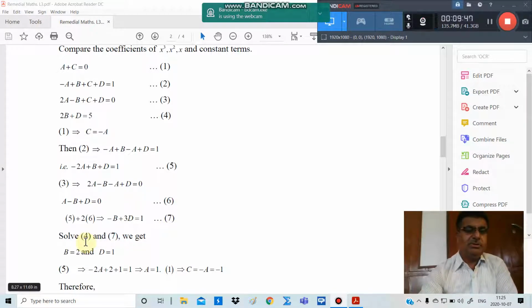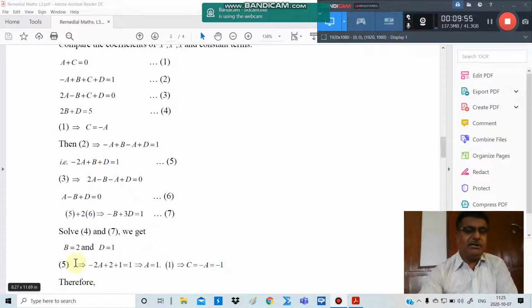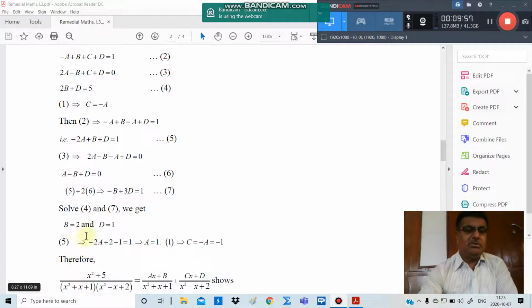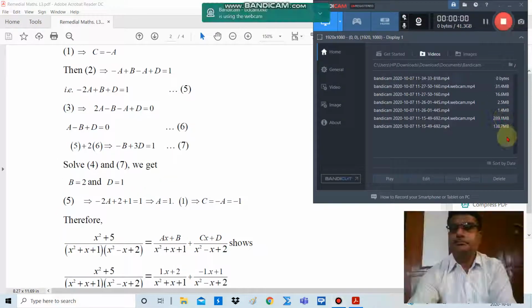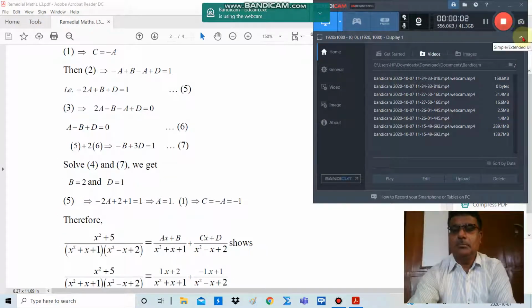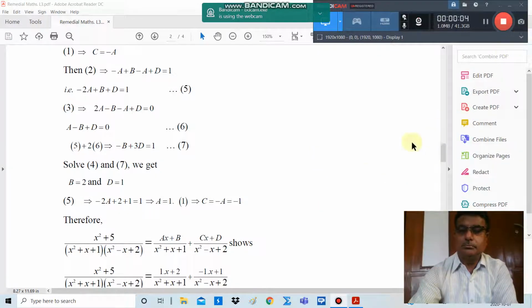Solve equation 4 and 7. Now we get b equal to 2 and d equal to 1. After simplification of these equations, we get the values of b and d.